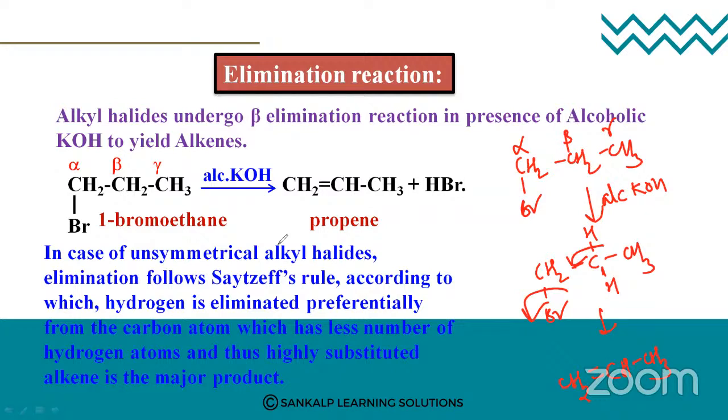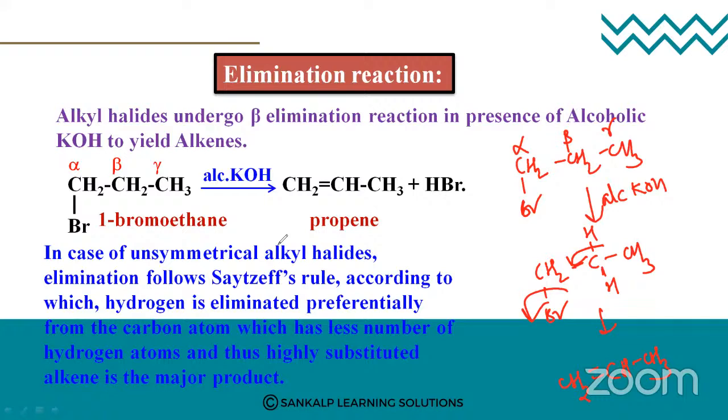Whenever you have unsymmetrical alkyl halides, elimination will follow the Saytzeff rule. According to this, hydrogen is eliminated preferentially from the carbon atom which has less number of hydrogen atoms. So whenever you have an elimination reaction, you use this rule.